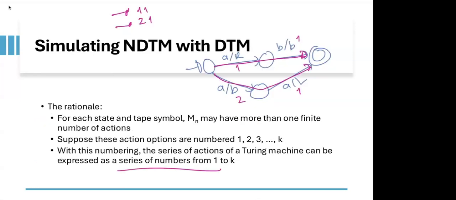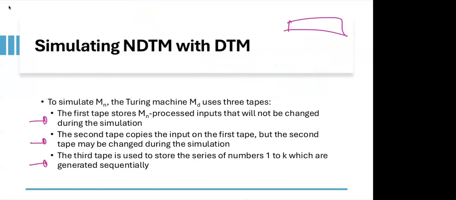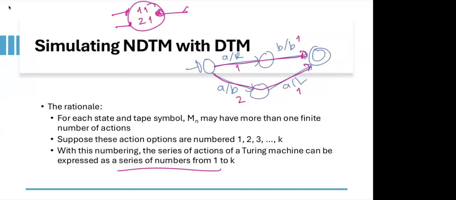So we will list every possible sequence of actions that the machine may take in the third tape. So the first tape is the input tape, and we will not change it. The second one is the copy of the first one, but we may change it. And the third one is the series of actions.